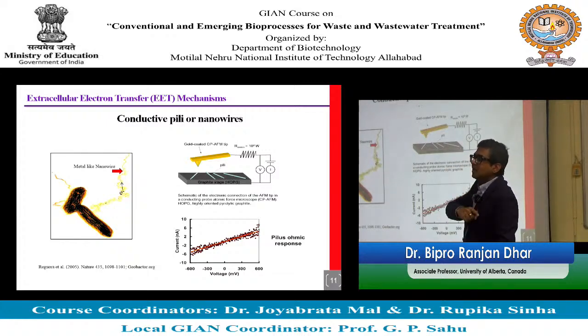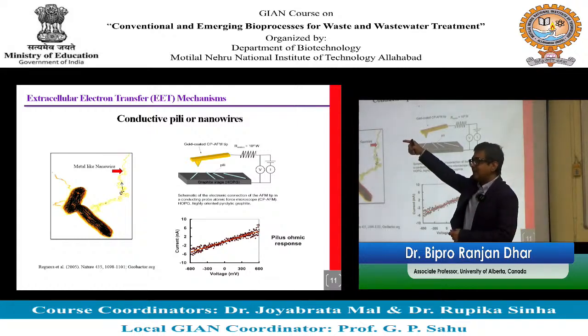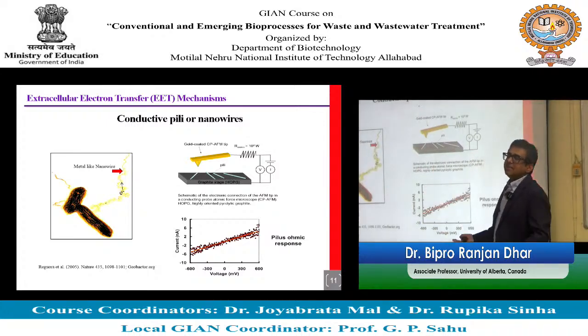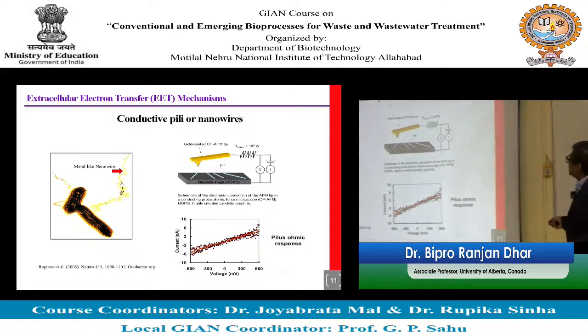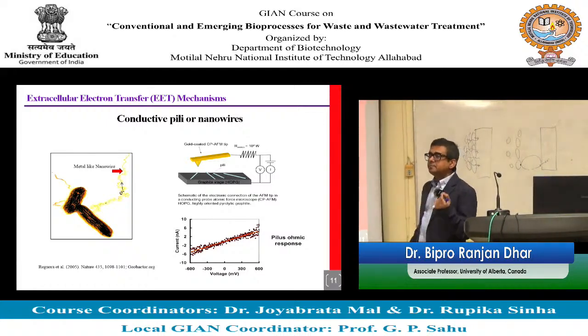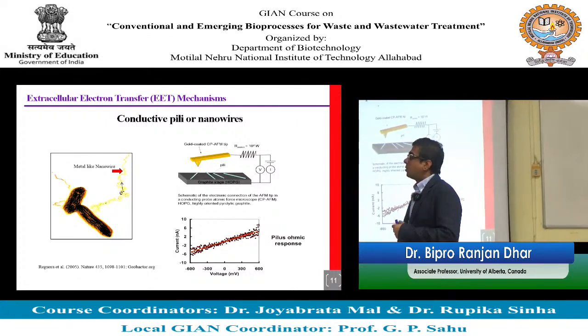They applied different voltages and found an ideal ohmic response. With increasing voltage, current increases linearly. That means the material is conductive, which confirmed that microbes can produce conductive nanowire.